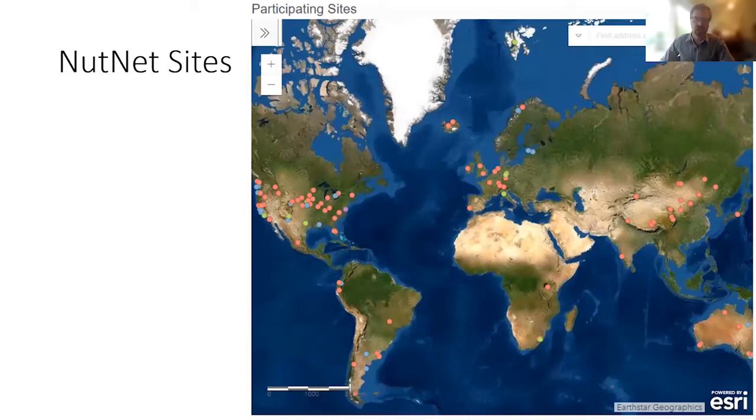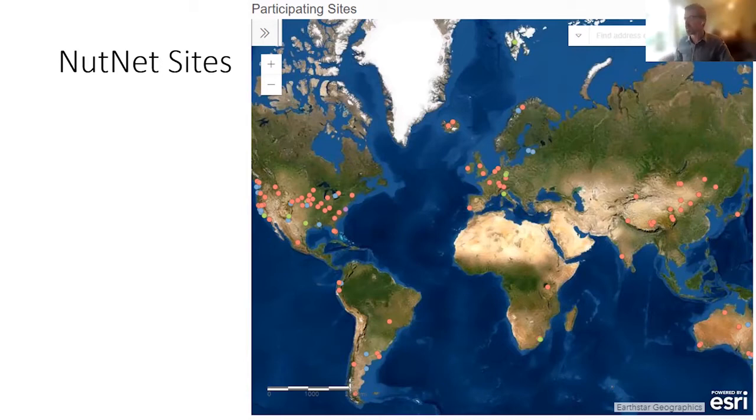That design was set up, and then there was basically an open invitation for ecologists around the world to participate in that. So if you want to participate, here's the protocol for how to do this experiment, do it at your site, share your data with a central kind of headquarters, and in return, you get access to all of the data from all of the sites that are involved in this.